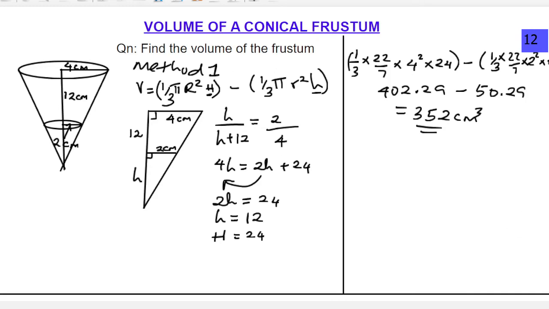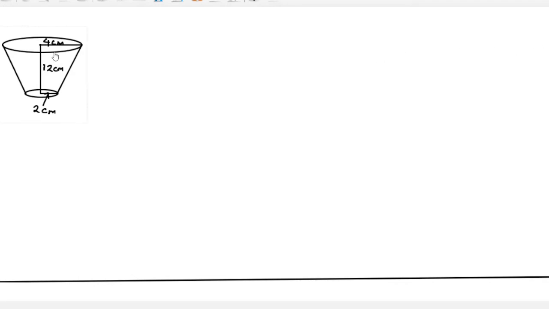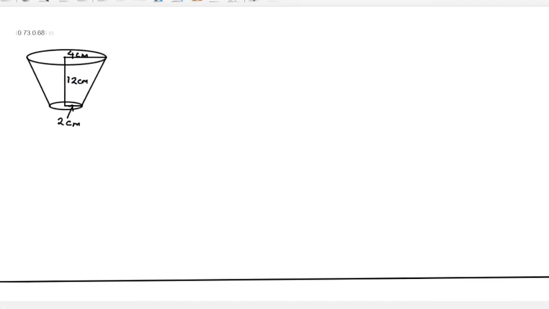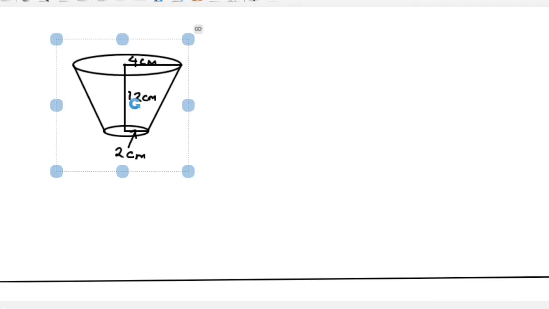On to the second method. So allow me to bring in the same frustum. Maybe I can try to make it a bit larger. Now, the second formula is quite easy. You don't need to complete it, or neither do you need to use similarities, especially if you are given the height of the frustum and also the two values of radius.